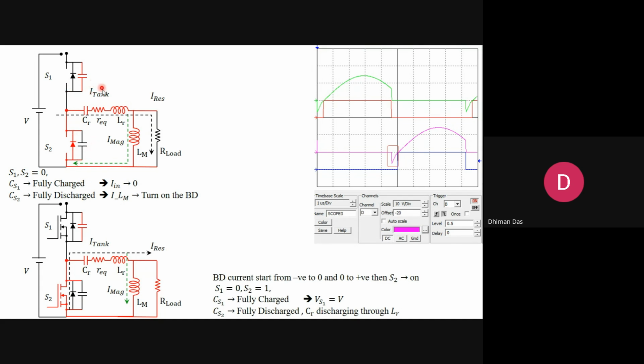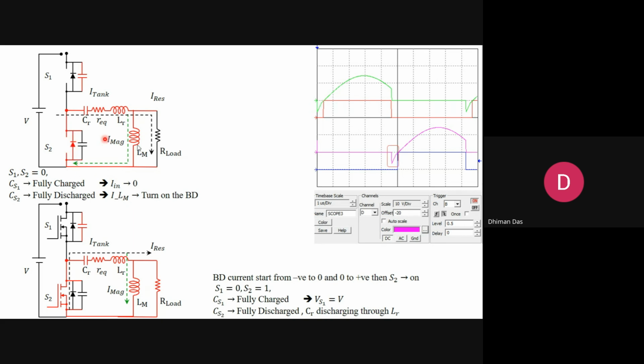Now the top capacitor is charged and the bottom capacitor is fully discharged. As the bottom capacitor is discharged, there is only one other path to circulate the current, that is the body diode. Now this magnetizing current turns on the body diode.